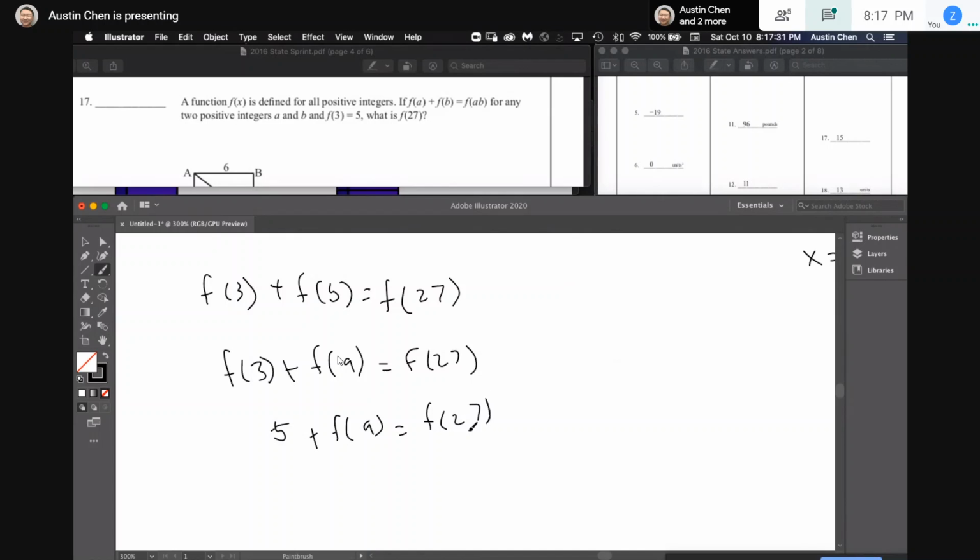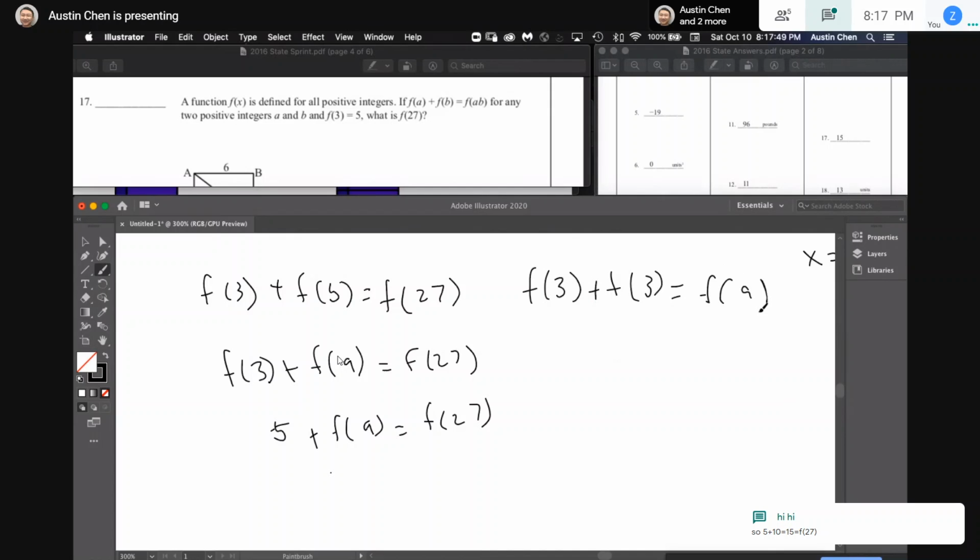But we can say that 5 plus f of 9 is f of 27. So if we find the value of f of 9, then we can find the value of f of 27. We can find f of 9 by using this again, right? f of 3 plus f of 3 is f of 9, which means that 5 plus 5 is f of 9, so f of 9 is 10, which means that f of 27 is 15. So that's just our answer.